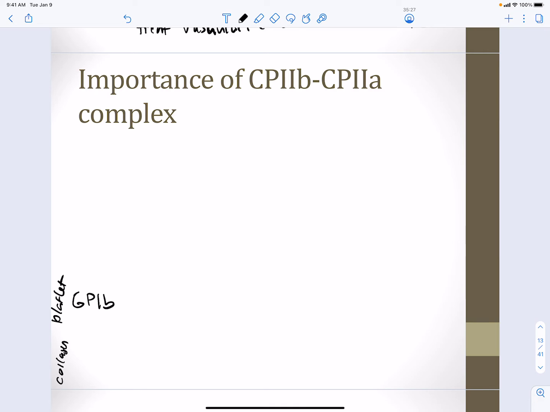And so the GP1B, remember, bound to von Willebrand factor. So it tethers to von Willebrand factor. And then we had the GP1A, glycoprotein 1A, and that actually just bound to collagen fibers. So that binds to collagen fibers.